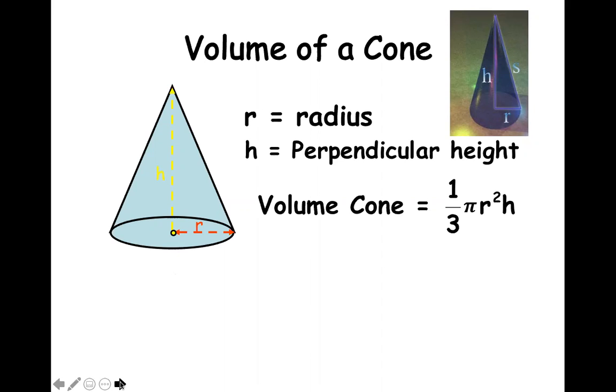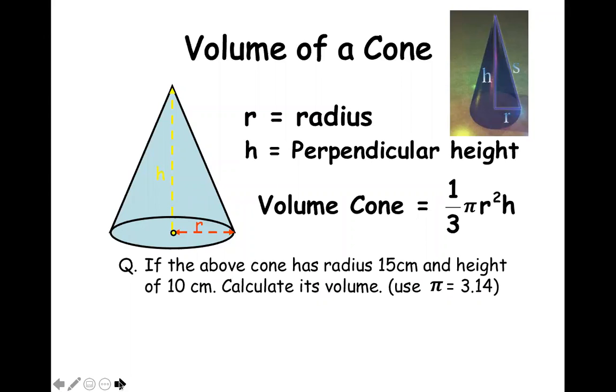It's a third of pi r square, pi r square being our base, the circular base, times height. But again, this is given. So if the cone above us here has a radius of 15 centimeter and a height of 10 centimeter, how would you calculate its volume?